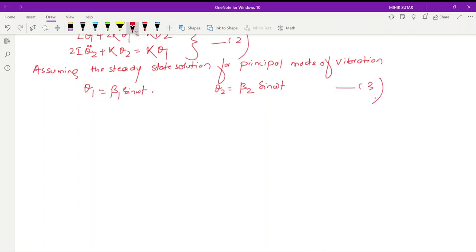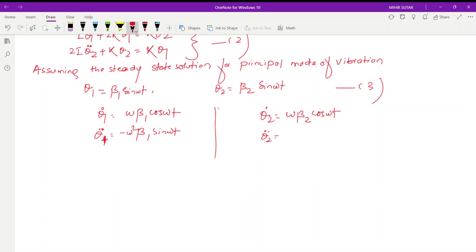Let's say this is equation 3. We'll have theta1 dot as omega beta1 cos omega t, theta1 double dot as minus omega square beta1 sin omega t, theta2 dot as omega beta2 cos omega t, and theta2 double dot as minus omega square beta2 sin omega t. Let's say this is equation 4.